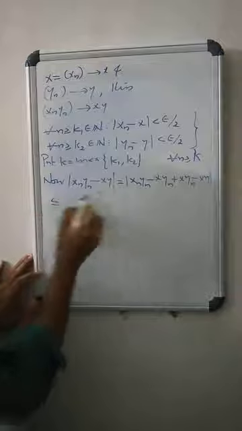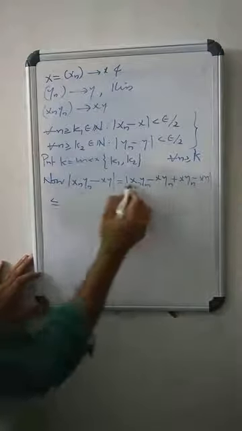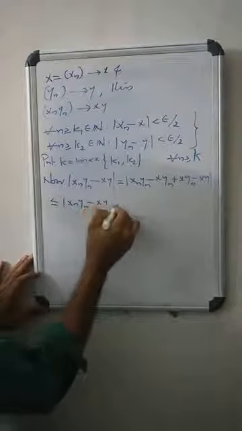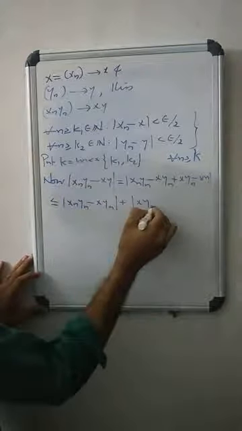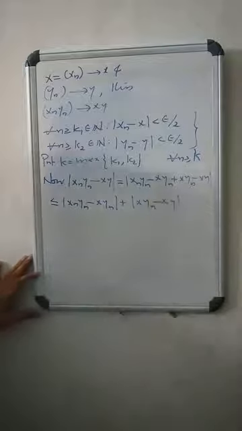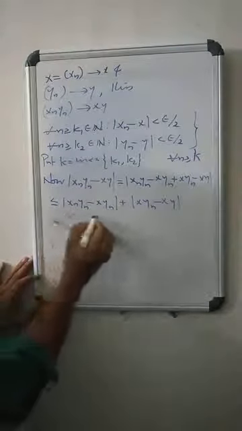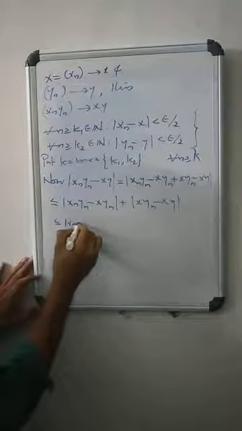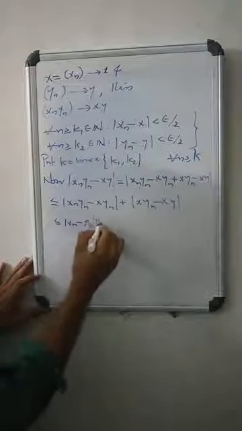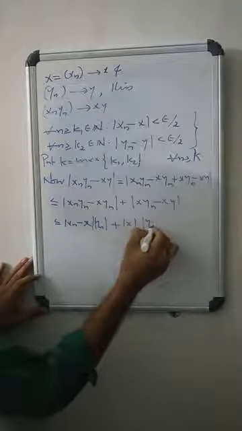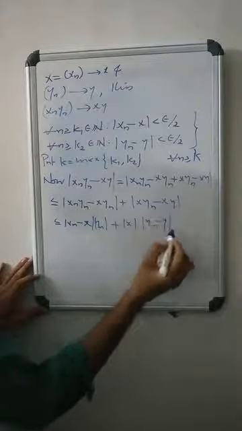So by the triangle inequality, it is less than or equal to modulus of xn yn minus xyn plus modulus of xyn minus xy. So it is less than or equal to modulus of xn minus x into modulus of yn plus modulus of x into modulus of yn minus y.